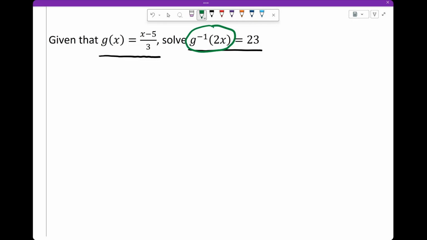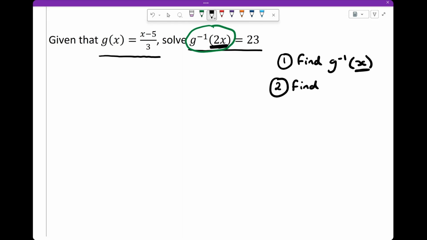So therefore, I'm going to have to find what inverse g of 2x actually is equal to. To start that process, step 1 is going to be to find inverse g of x. Then once I've found that, I can replace the x with a 2x instead, which is then going to find me inverse g of 2x. So step 2 is to find inverse g of 2x.